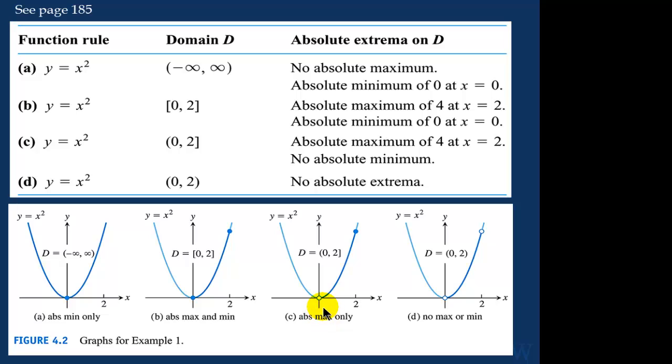So if it is an open interval on the left side, then there is no absolute minimum. But on the right side, it occurs when x is equal to 2, then the absolute maximum value is 4.